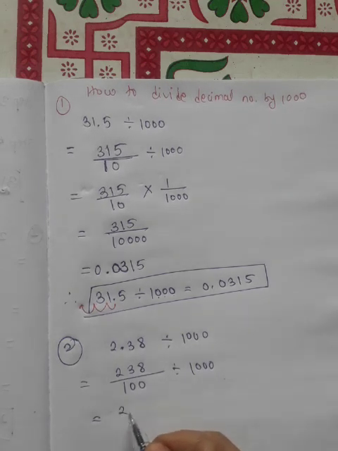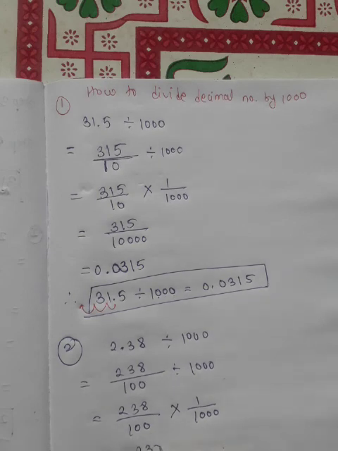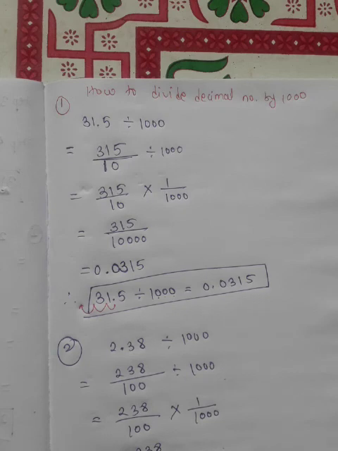Now write the fraction as it is, replace the division sign by multiplication, and write the reciprocal of 1000. Reciprocal of 1000 is 1 upon 1000. So 238 upon 1 lakh. So see, there are 1, 2, 3, 4, 5 zeros, so we must put the decimal point before 5 digits.